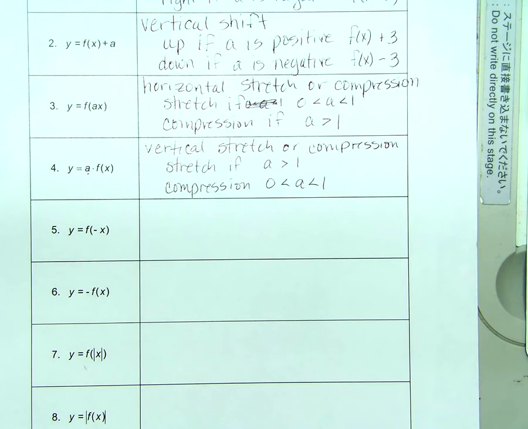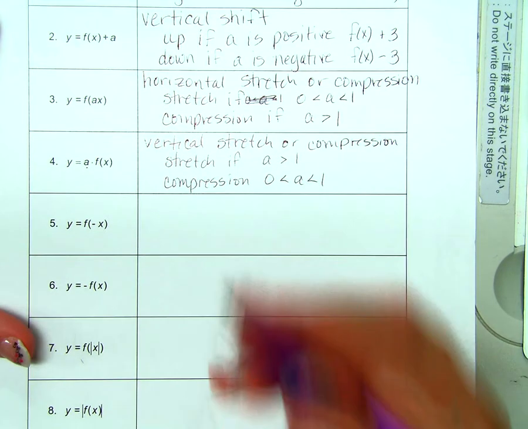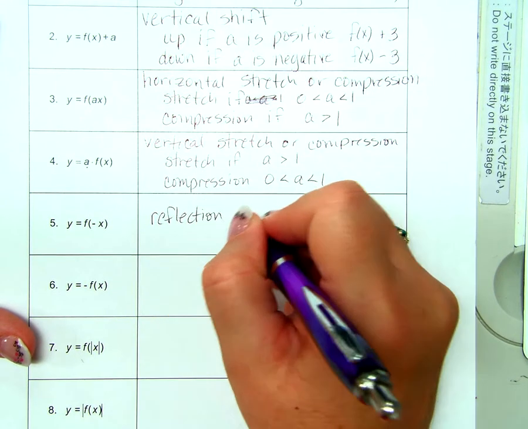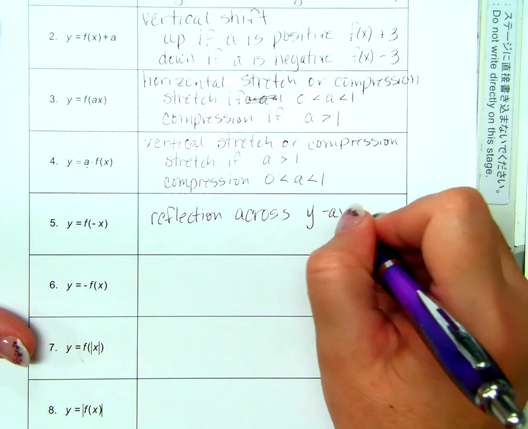So what about 5? Say again? Reflection across x-axis. That's actually really close. It's the y-axis, right? Okay. Very good math words, first of all. Very good vocabulary. So we're just going to say reflection across y-axis.